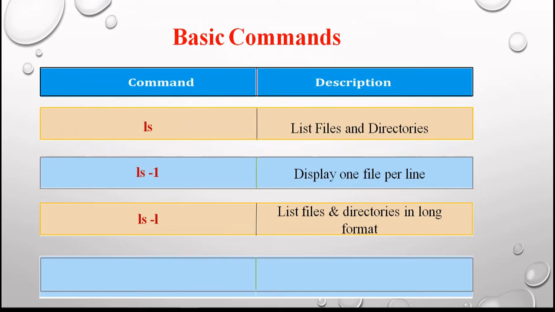Then comes the owner of the file and the user group, and then the size taken by the directory or file in bytes. And then comes the date and time of the file or directory when it was created. And then last, the file name or directory name. And directory name will be represented in blue color and file name will be represented in white color by default.